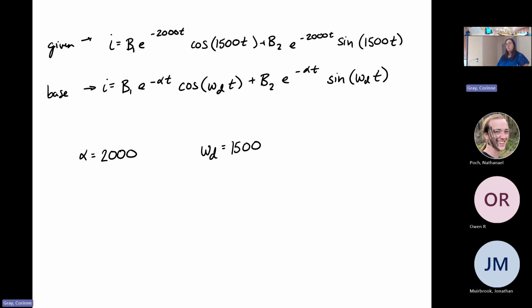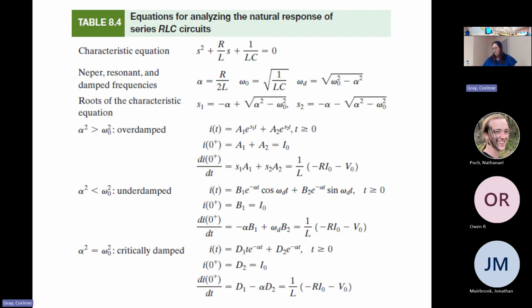I now have my network frequency and I have this omega d. Well, what's omega d? Let's go back and look at it. There's nothing here with omega d in the base equation for underdamped. So if I go up here and look at the natural resonant and damped frequencies, I see the definition of omega d. It's equal to the square root of omega naught squared minus alpha squared.